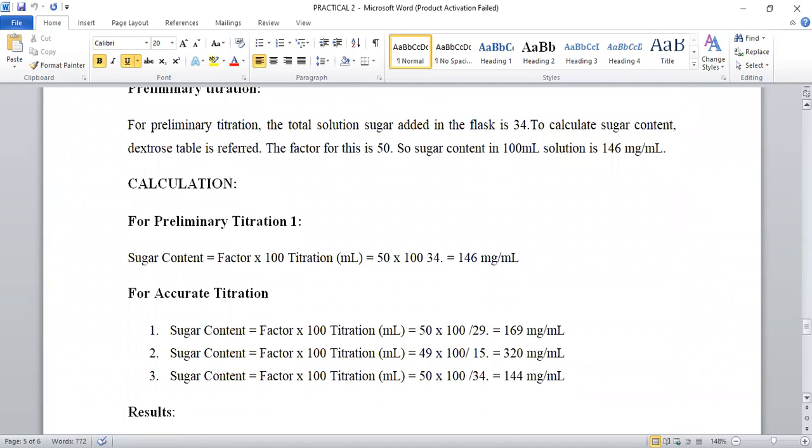The sugar content that we obtained is 146 milligrams per milliliter. For accurate titrations, we have taken three readings, and 169 milligrams per milliliter, 320 milligrams per milliliter, and 144 milligrams per milliliter are the results. So by using these two methods, we can measure the concentration of sugar or glucose in any juice solution. Thank you.